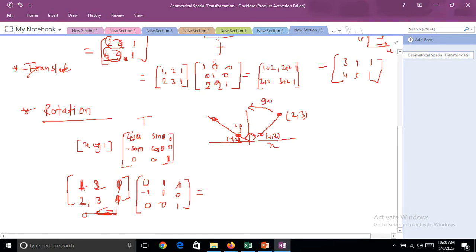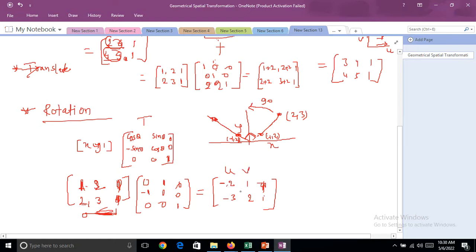Now if you multiply first row with first column, you will get -2, first row, second column 1, then 0. The second row, first column -3, then 2, okay, then 0, 1.